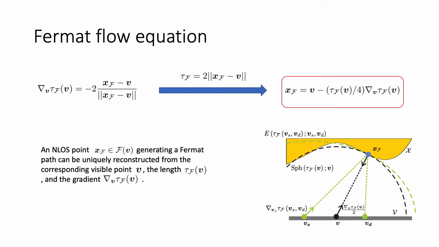Notice that in the equation top right, we require knowing the gradient of tau fv, which cannot be measured directly, but we can estimate it through interpolation. For simplicity, we discuss here only the case when the visible surface V is planar.